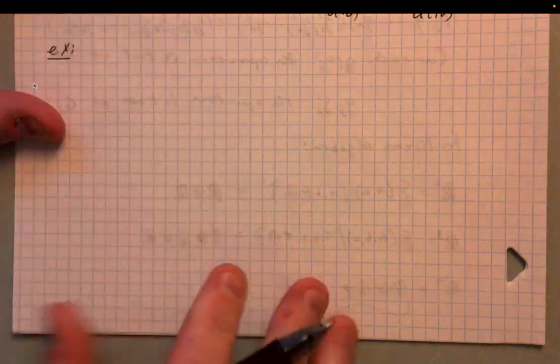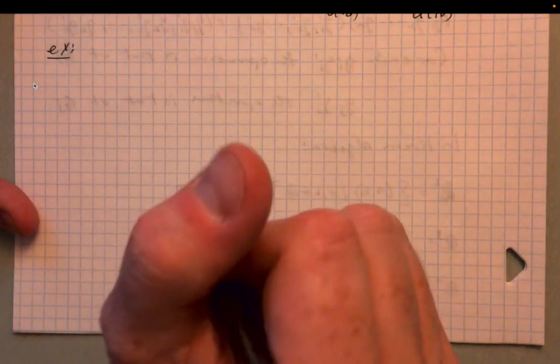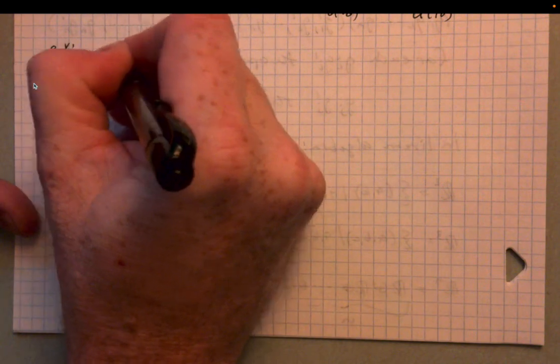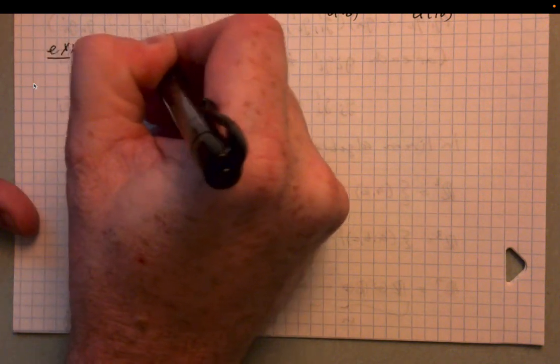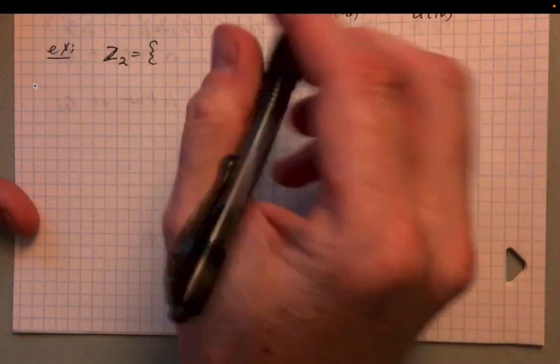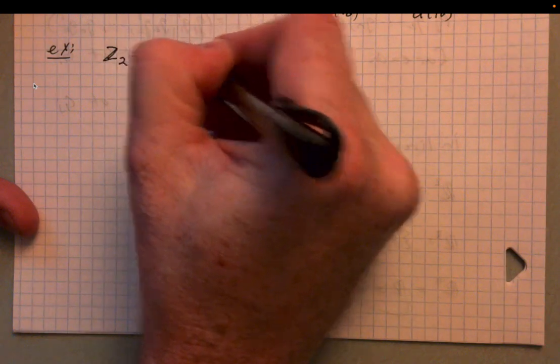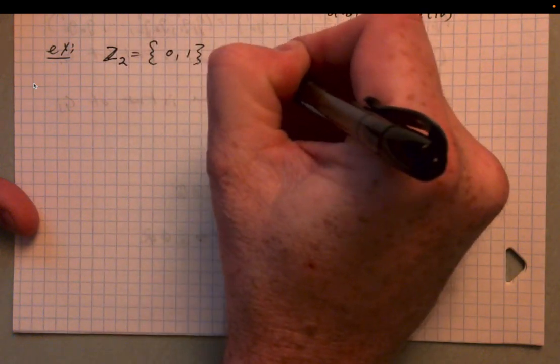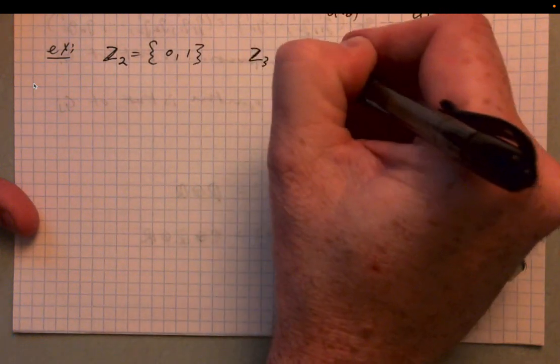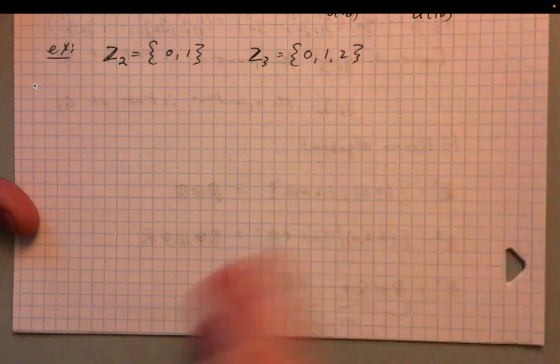What about Z2 and Z3? Another simple example. Z2 is the integers modulo 2, so you've got 0 and 1 in there. And then Z3 is the integers mod 3, so that's 0, 1, and 2.